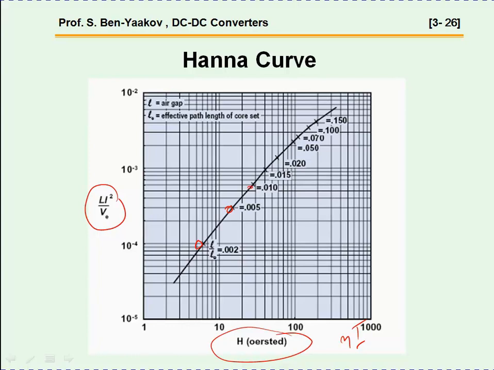It was originally calculated for gaps, but basically this is 1 over mu, because here it shows, it's hard to see, this is the ratio of the length, and this is 1 over mu.